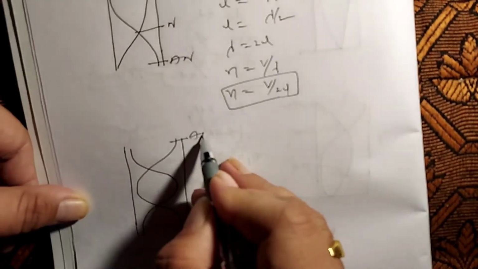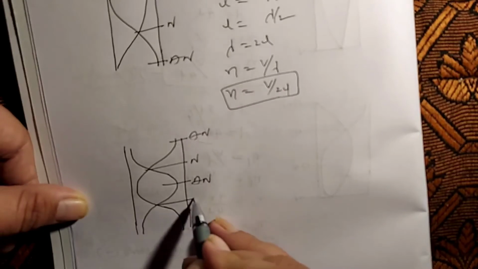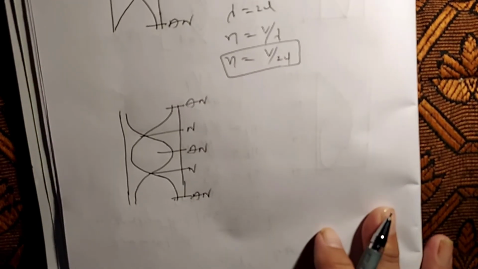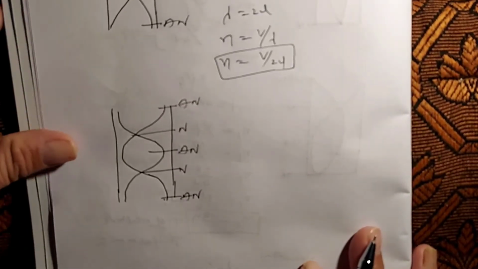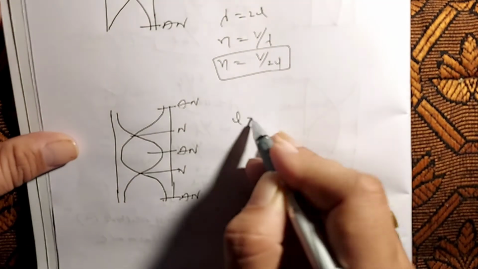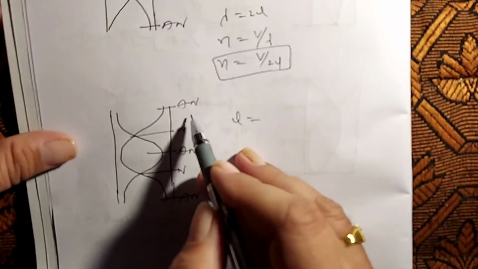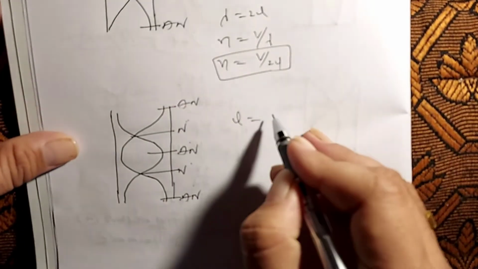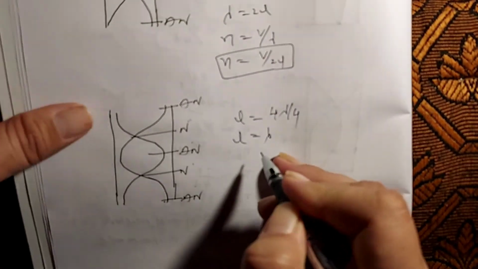Here this is antinode, this is node, this is antinode, this is node, and this is antinode. So in the second mode of vibration, 3 antinodes and 2 nodes are formed. Now L is equal to lambda by 4 plus lambda by 4 plus lambda by 4 plus lambda by 4, that is equal to 4 lambda by 4. So L is equal to lambda.